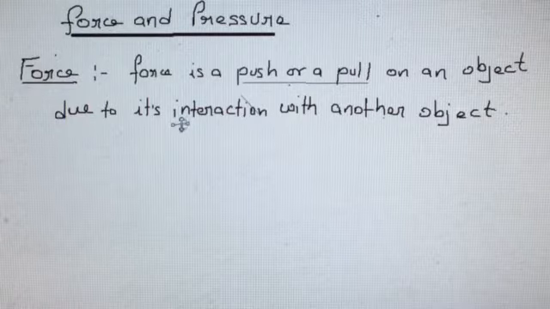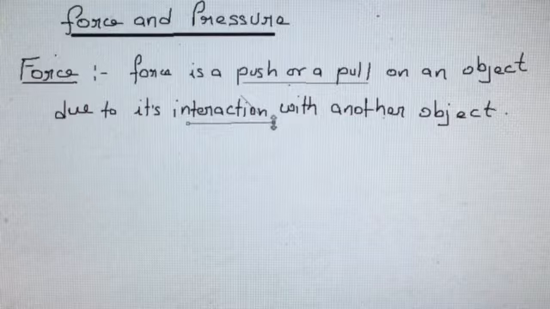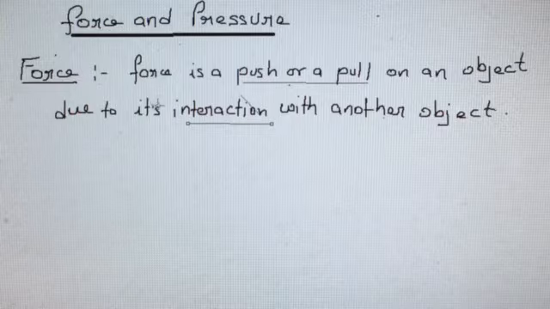The term interaction is also an important thing. A force on a body or an object is a push or a pull applied on that object due to another object when both are interacting with each other.